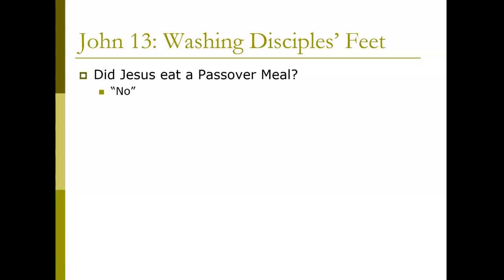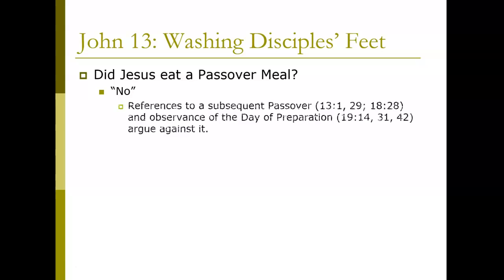So there are several who will say, no, this is not a Passover meal. And it's indicated that references to subsequent Passovers and the observance of the day of preparation would argue against it. So, we have in verse 1 that it was just before the Passover meal.